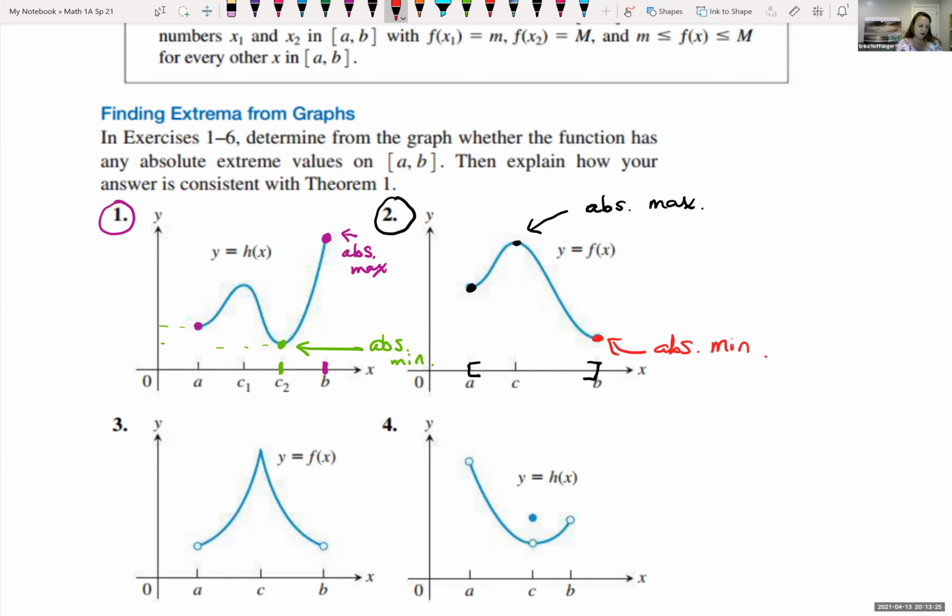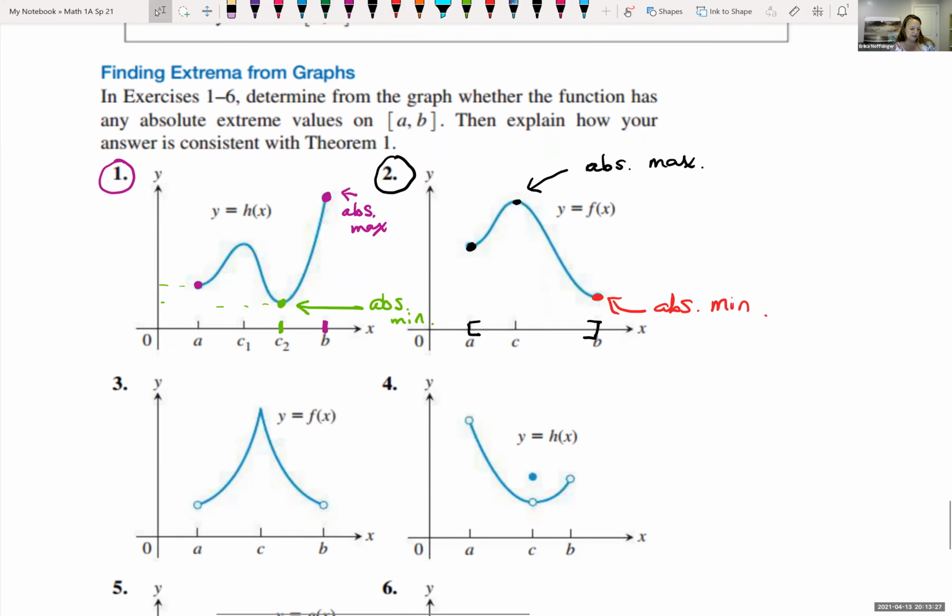If you look at number 3, this theorem doesn't hold. This is not a closed interval [a, b]. Those are open. It doesn't include a and it doesn't include b. If you look at this though, it doesn't have an absolute min.